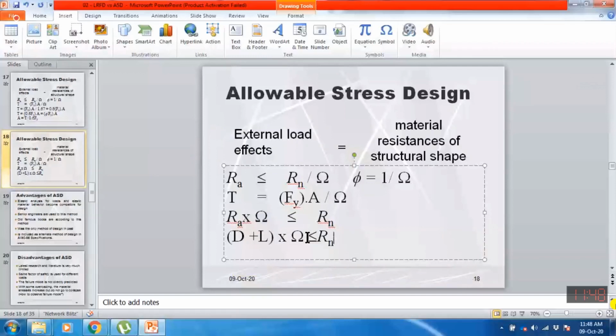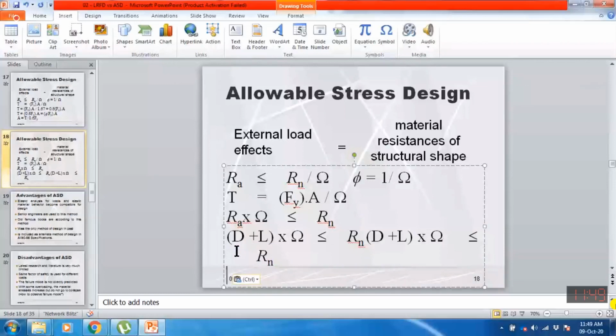Okay, if omega is 1.67, just like in the previous slide I have considered, so this factor is 1.67.